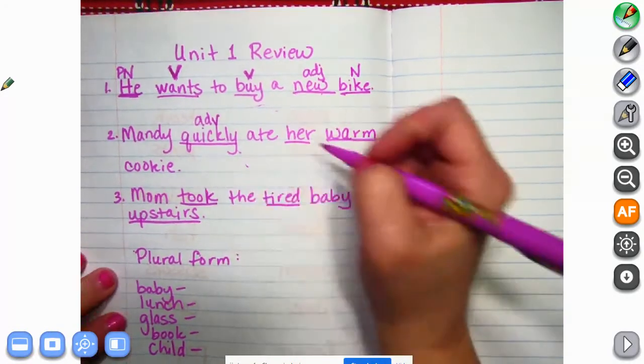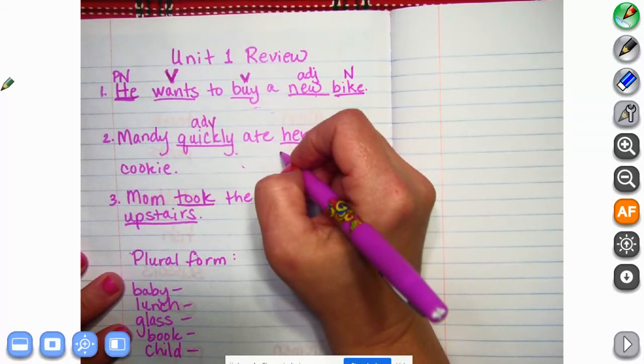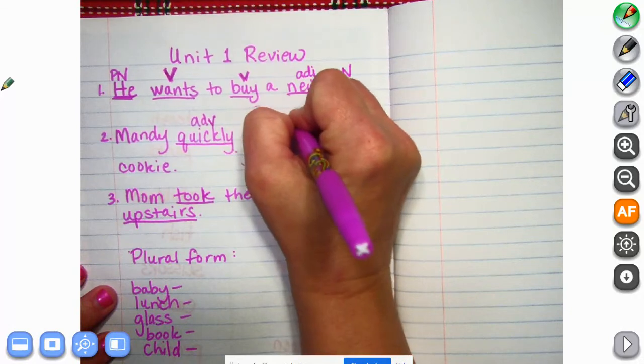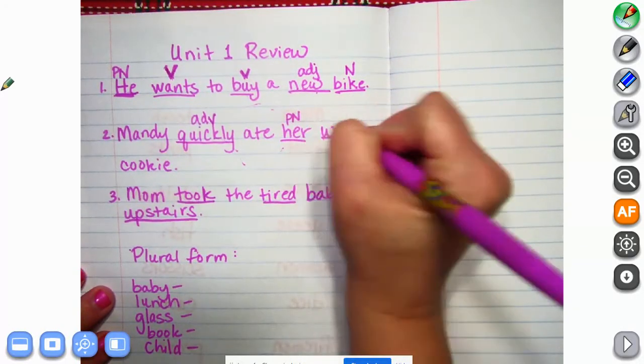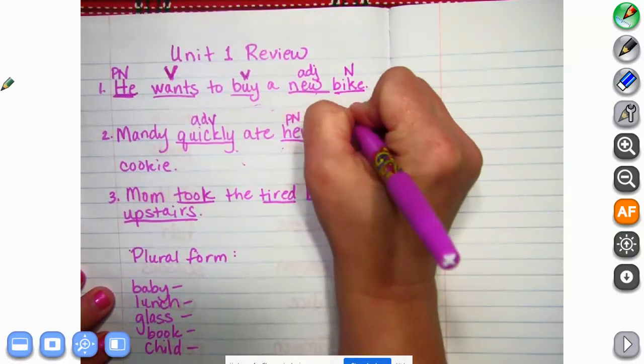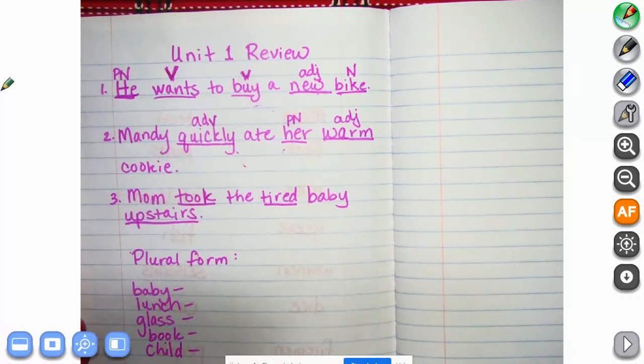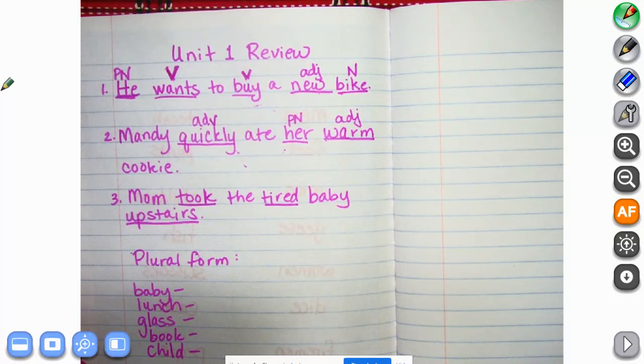Her warm cookie. Her is 2 things, right? It's telling us who it belongs to, but it's also a pronoun. And warm is describing the cookie. That's an adjective. So sometimes we can have more than one part of speech. We're just going to mark the one.